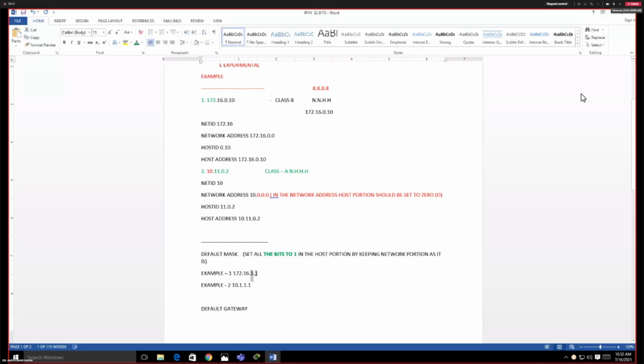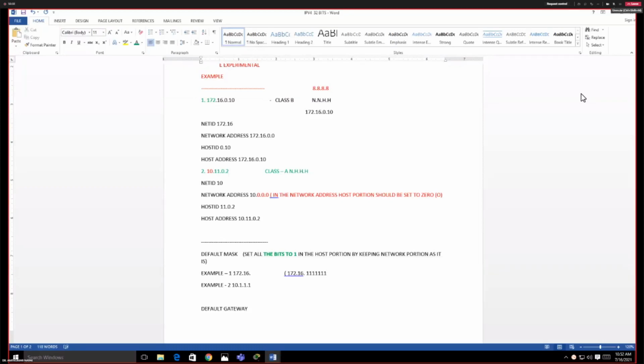So if we set the last 2 bytes to 1, then we have the IP address 172.16, and then we have 8 bits set to 1. The value which I am writing is a combination of binary and decimal.